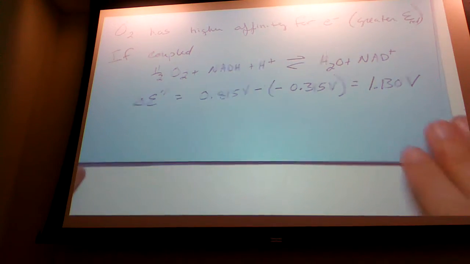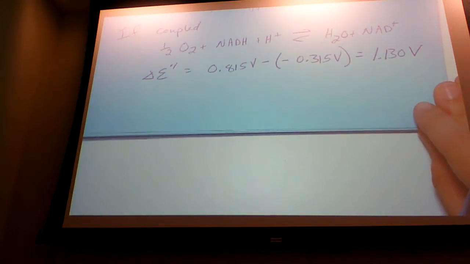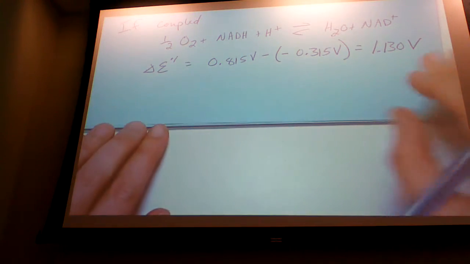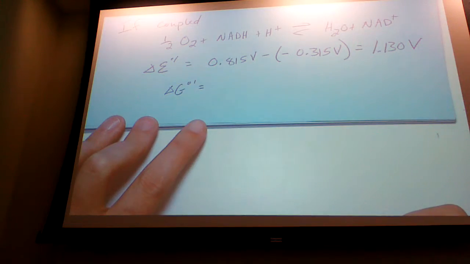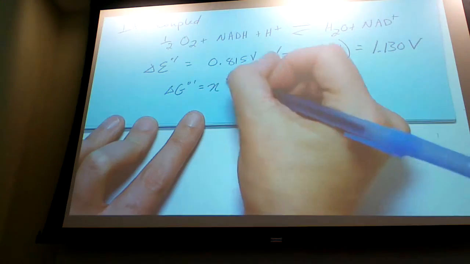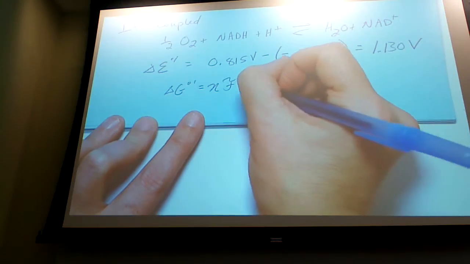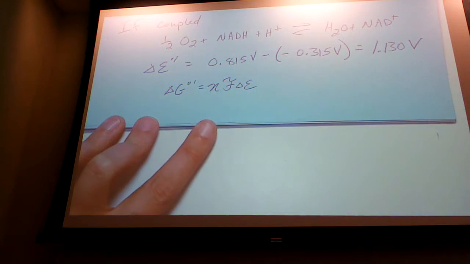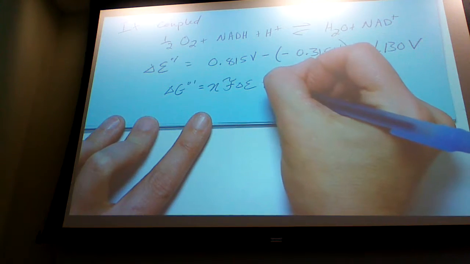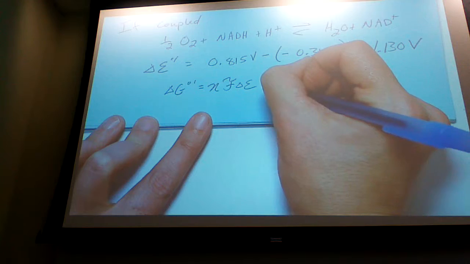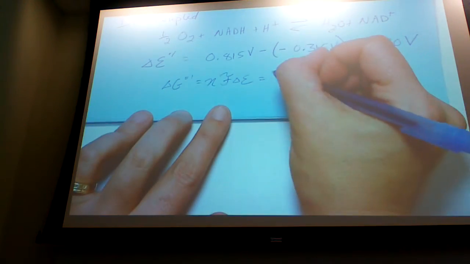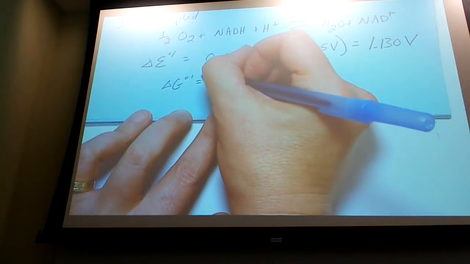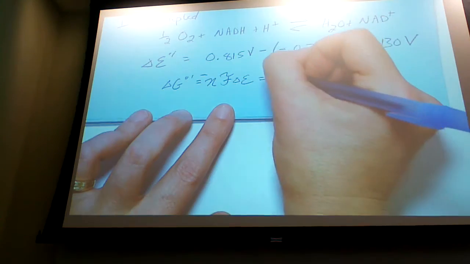And now what's my equation for free energy? ΔG equals negative nFE. Okay, so I'm just going to plug that in. What would n be in this case? 2. Oh, there's a negative sign in front of that, isn't there? Yeah. 2.